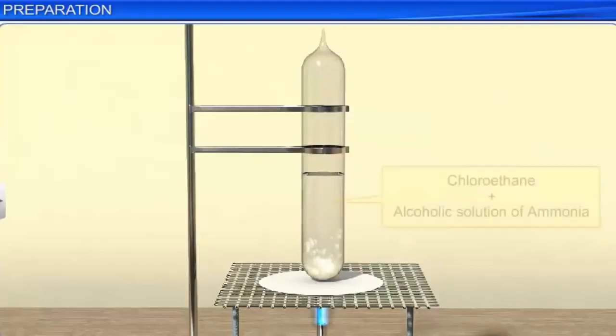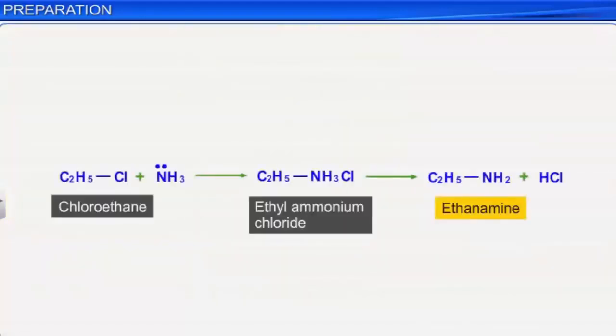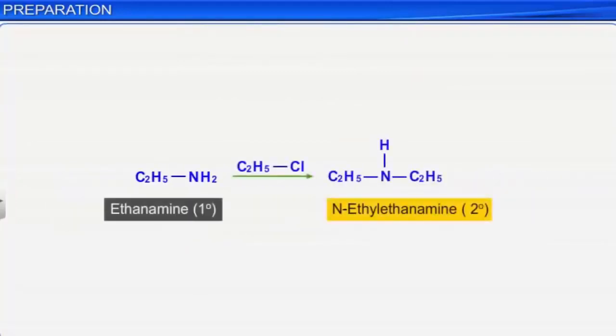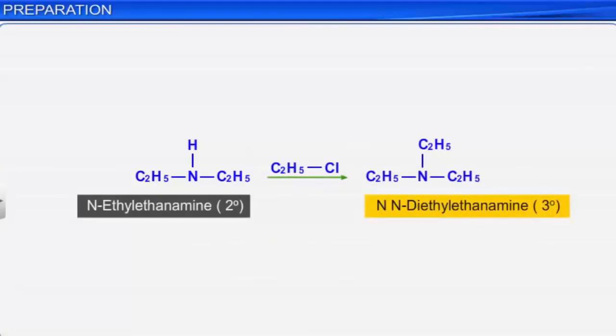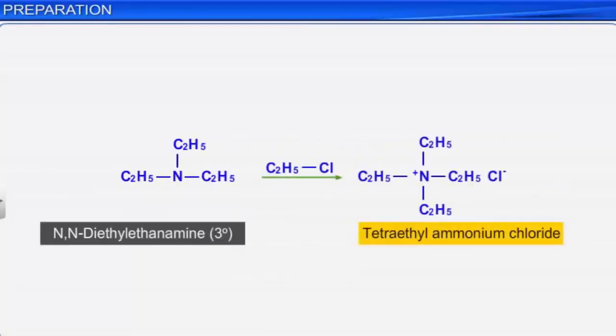For example, when a mixture of chloroethane and alcoholic solution of ammonia is heated in a sealed tube at 373 Kelvin, a mixture of ethanamine, N-ethylethanamine, N,N-diethylethanamine, and tetraethylammonium chloride salt is produced.